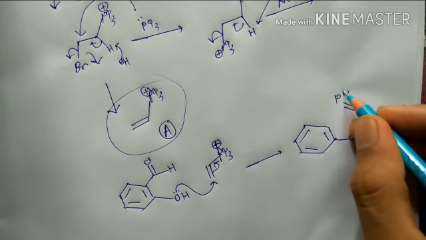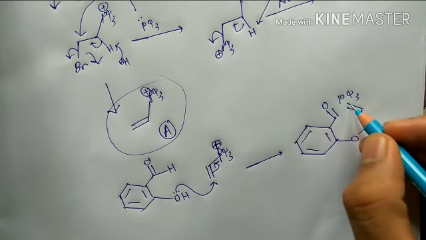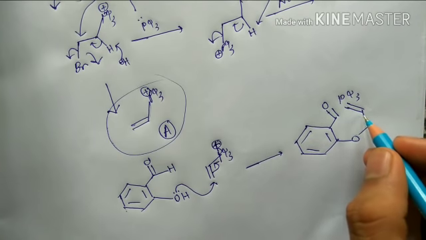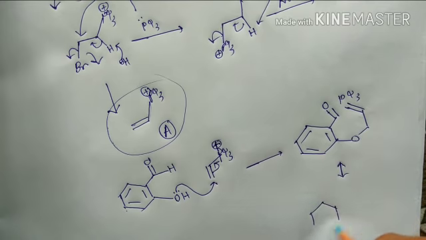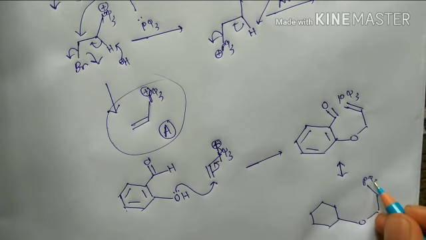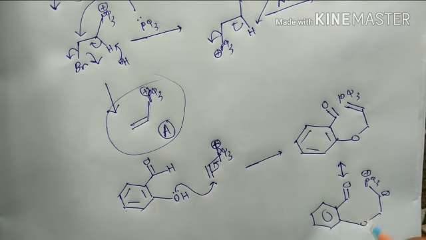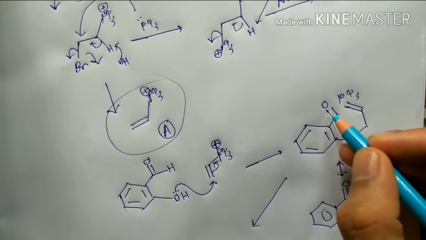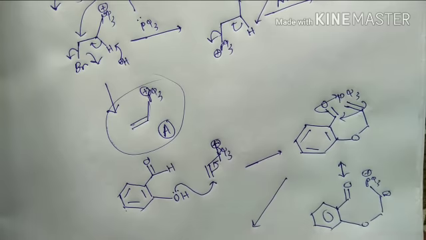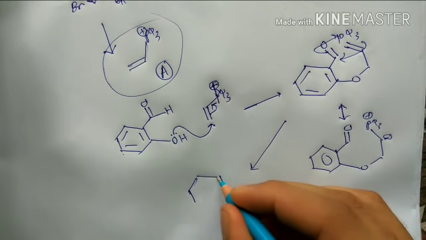Now you can see this now looks like an ylide. You can also represent it by separation of charge like this. O, this one, and here you have plus, here you have minus, so you can also represent it like this. This looks like an ylide. Now there will be a 2 plus 2 cycloaddition step to give you the oxaphosphetane.